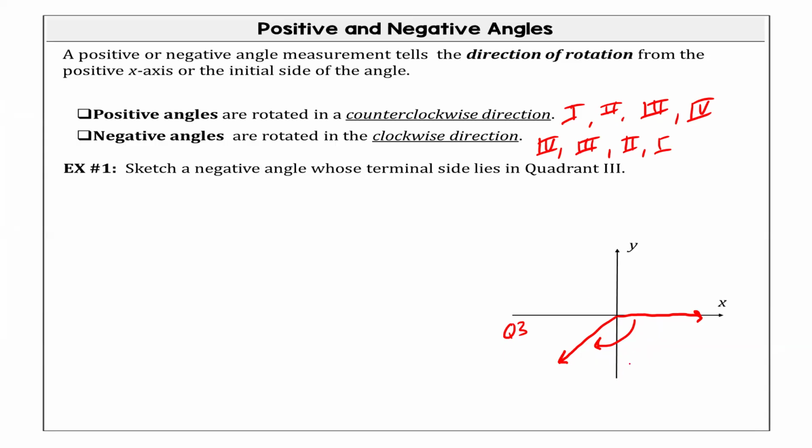Right here, we don't know the angle measurement. When we talk about an unknown angle, we call that theta. Instead of using x, we call it theta. So when you have theta, that's an unknown angle. Does that make sense? So this is a negative theta.